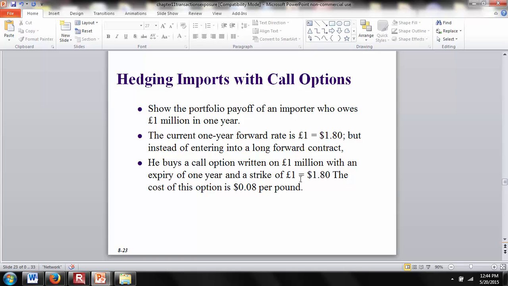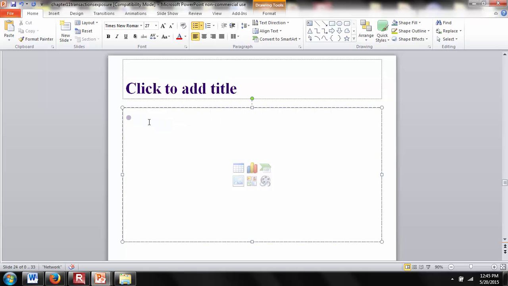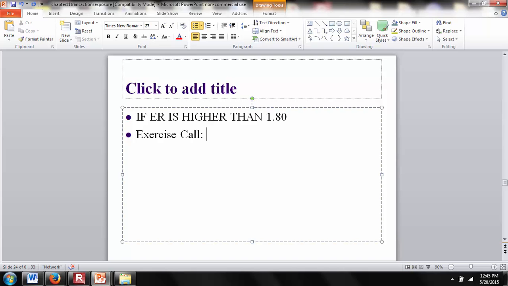And by buying this with a strike price of 1.8, basically what is going to happen is that if exchange rate is higher than 1.8, okay, you want to exercise the call, and what you get is the 1.8 you can buy. So it's costing you 1,800,000 plus the call price.